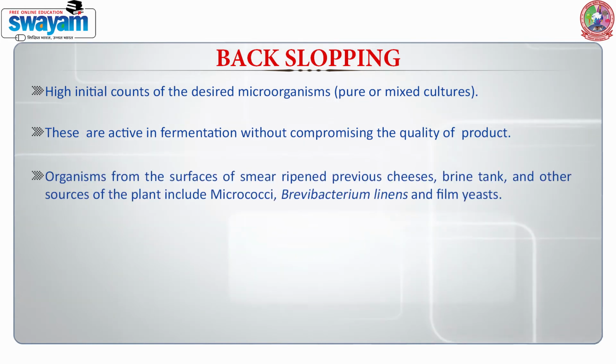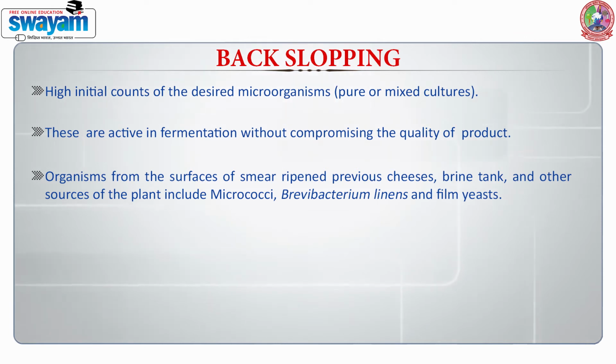The organisms isolated from the surfaces of the smear ripened previous cheese, brine tanks and other sources of plant include Microbacterium, Brevibacterium and film forming yeast.